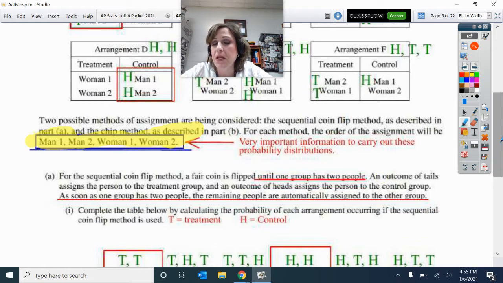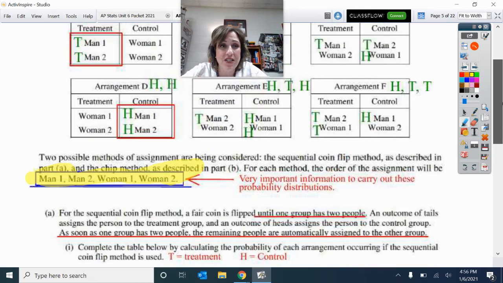So if man 1 goes to treatment and man 2 goes to treatment, that leaves the 2 women stuck in the control group. As soon as 2 people go to a group, the remaining are automatically assigned to the other group.